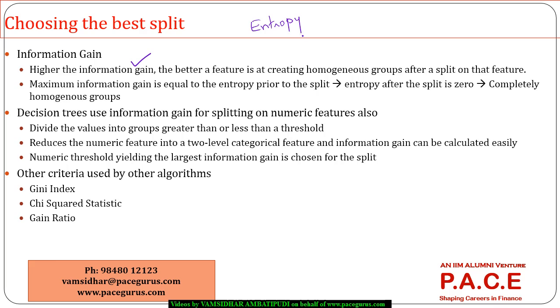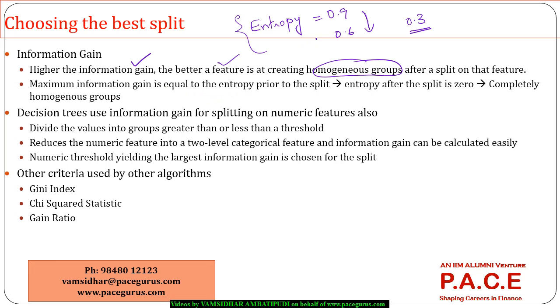Let's say the entropy was 0.9 earlier, and now after the split it became 0.6. So there is a big reduction in the entropy. The information gain is to the extent of 0.3. So if I am splitting on this particular feature, the entropy has come down like this. So this would be a better feature to create a homogeneous group after the split.